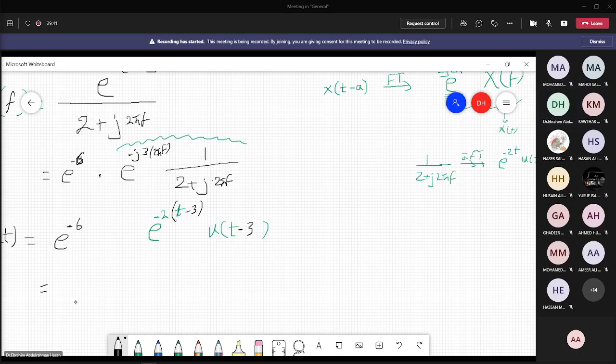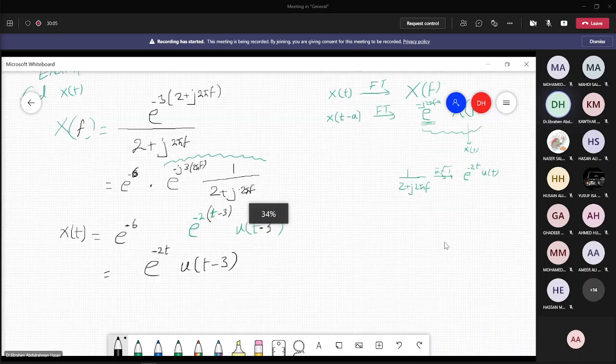Then just combine these two. So you will get e to the power of minus 2t. From here, we get plus 6 and minus 6, so it's equal to 0, u of t minus 3.